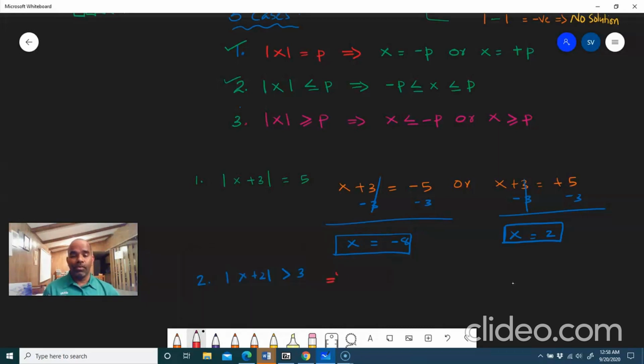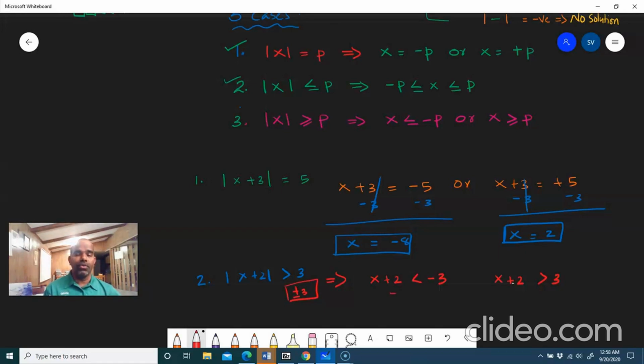We can rewrite this as x plus 2 is less than negative 3. See the lower bound. And x plus 2 is greater than positive 3. So you have to consider the positive and negative cases of the right hand side, and then solve it.